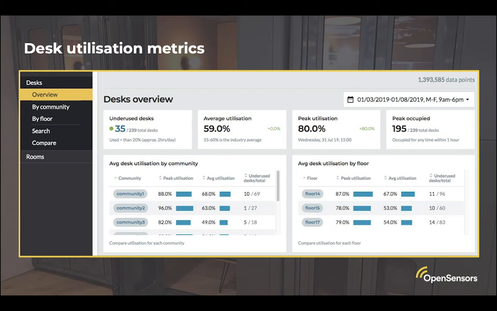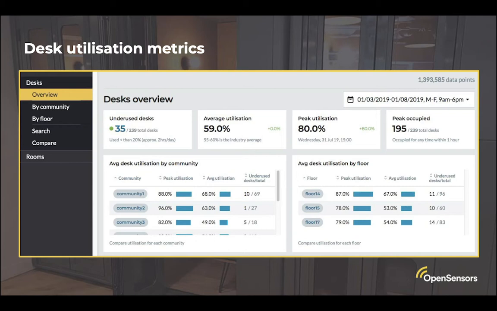In this example, 35 out of 239 desks are severely underused. And you can quickly say, move them over to flexi desks or move them over to another department where they're more needed. If you're struggling to convince department heads, this data and this metric makes for a very convincing conversation with them.